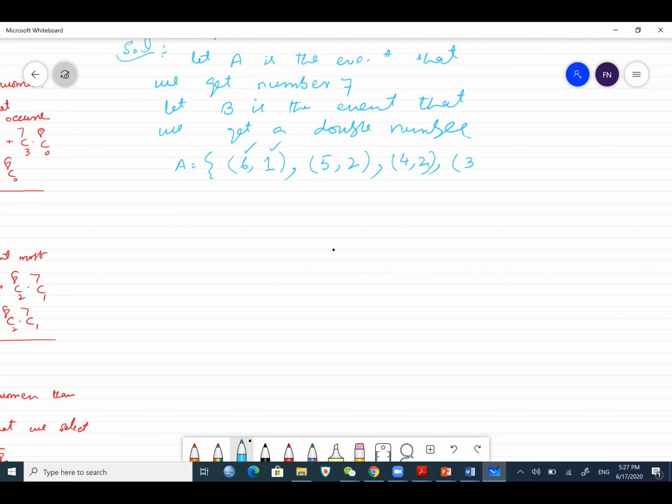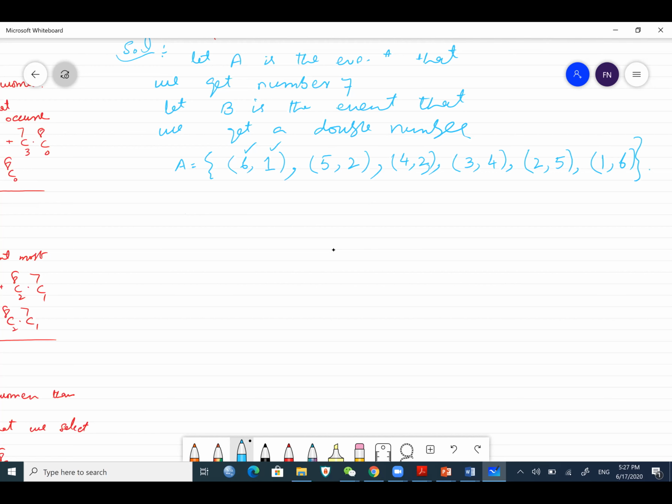If we get 3 on the first die and 4 on the second die, still the sum is 7. Likewise, if we get 2 on the first die and 5 on the second, still the sum is 7, and likewise 1 and 6. So these are all possible options for A.